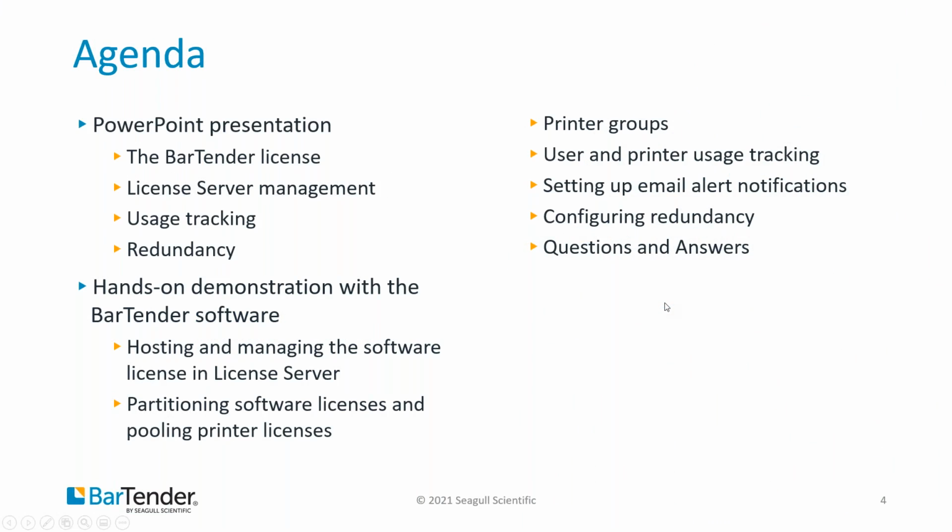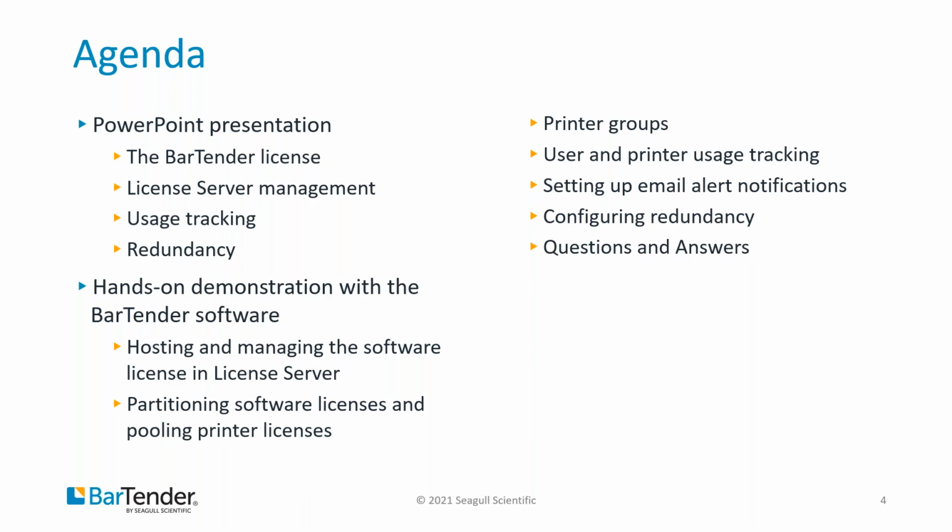For the agenda today, as per usual, we'll first be going through a PowerPoint presentation of the different aspects of this subject, talking about the BarTender license, what it is, how it all fits together, etc. And activation, of course.